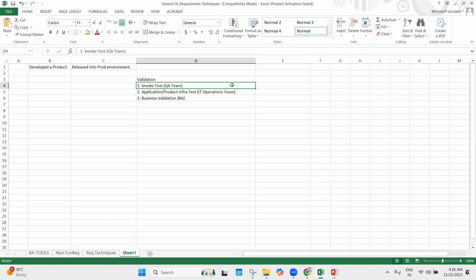So that is the smoke test: testing at the high level, seeing the different pages in the website, clicking the menu items and seeing whether all the menu items and sub menu items are displaying or not.